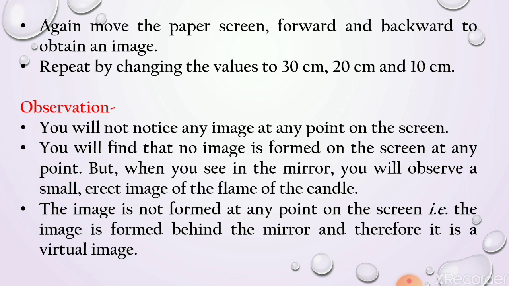So in this case you can see no image is formed on the screen, because no image is formed on the surface in the front part of the mirror. All the images which are formed are behind the mirror. That is why when we look into the mirror, only then we will see the formation of one small image, and that image will be a virtual image.